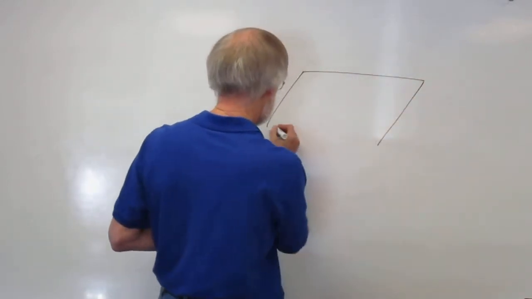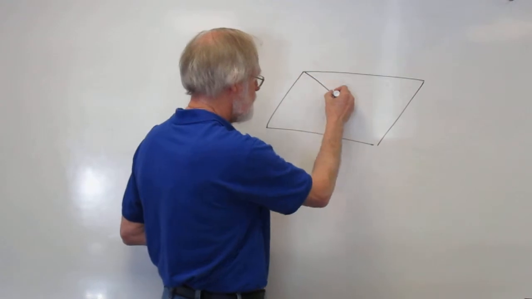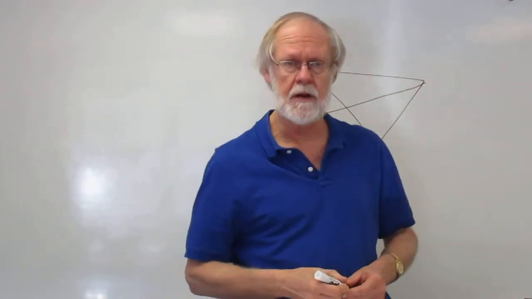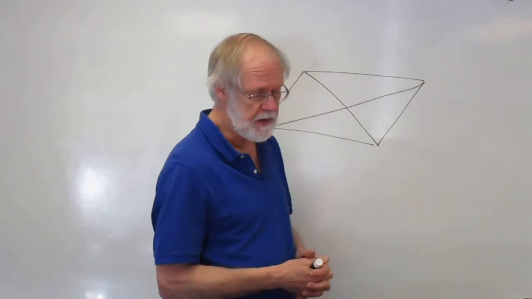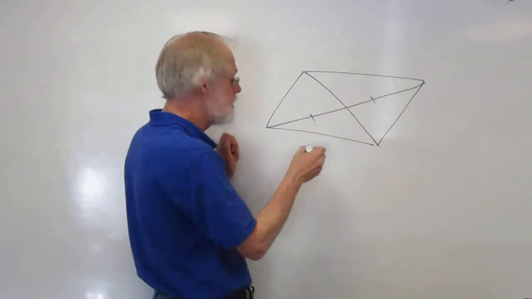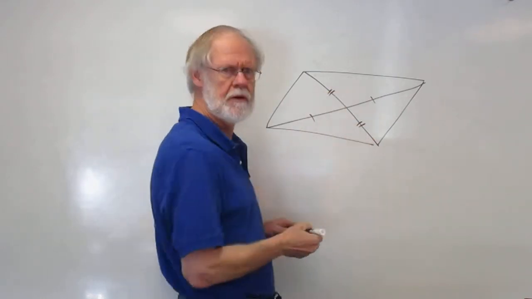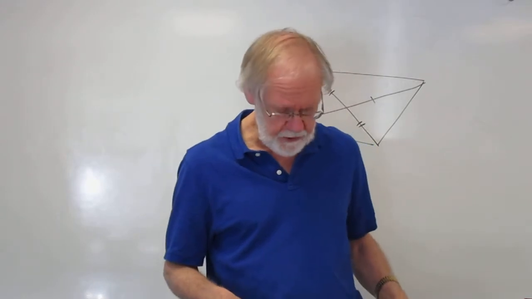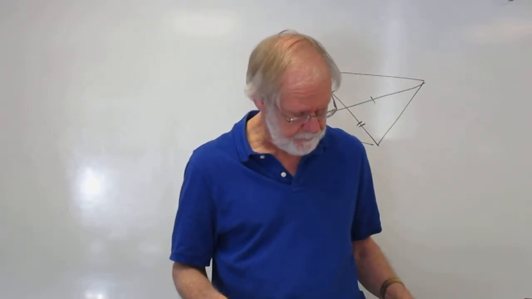The fourth one of these properties is that if a quadrilateral is a parallelogram, then its diagonals bisect each other. Therefore, this is congruent to this, and this is congruent to this. All right, those are your 4 theorems for this section.